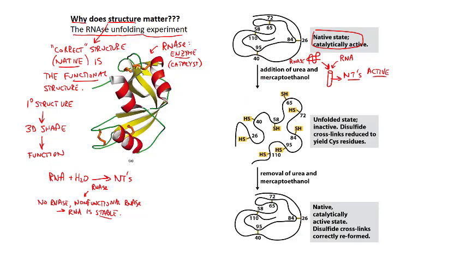All right, so then what did they do? Well, then they took RNase but they added two chemicals to it before adding the RNA. The two substances they added were urea and beta-mercaptoethanol. Urea is this compound here.